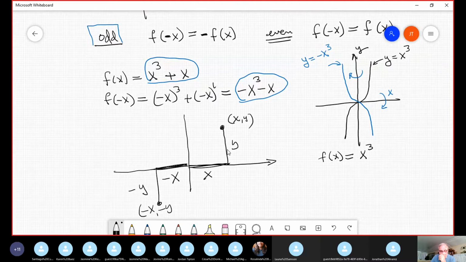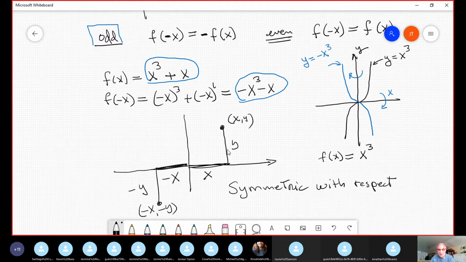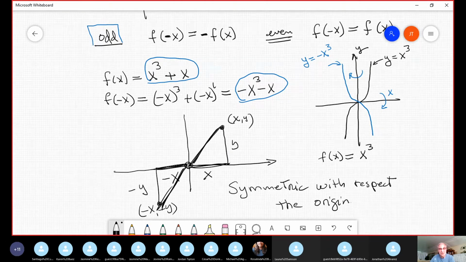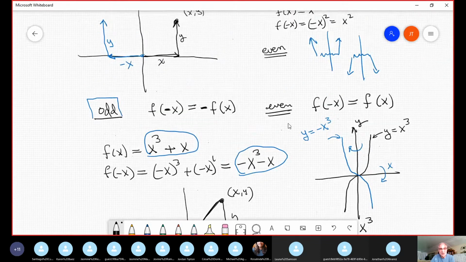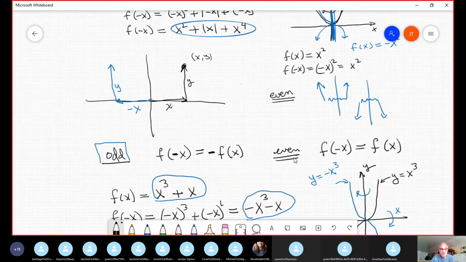Minus x, comma, minus y. Okay, this is symmetry. This is called symmetry with respect to the origin. It's like if you put the segment like that, this segment is exactly in the opposite direction. This is symmetry, and the even is symmetry like that, with respect to the y-axis.